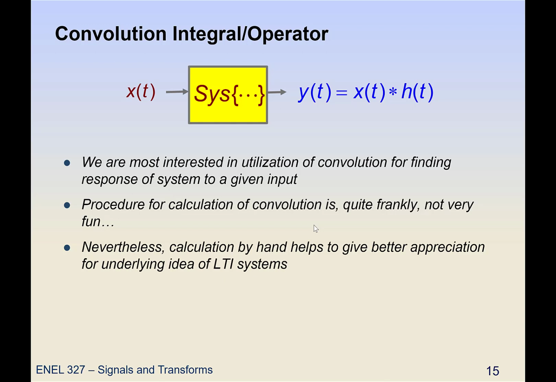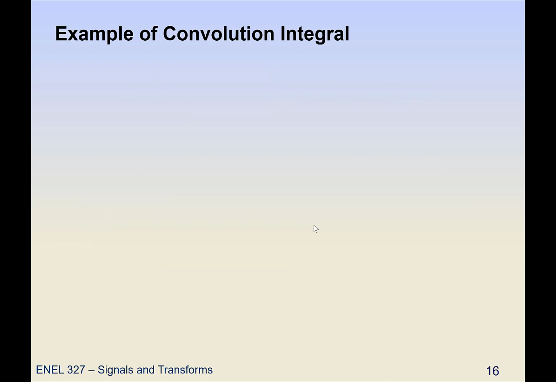So that's why we are going to do a few examples of calculating convolution by hand, and you're going to get a few more examples to try yourself. And in the future, this is sort of the carrot that's held out in front of you, we're going to learn some other techniques to be able to get around convolution. But first you have to experience why it's so painful, unfortunately.